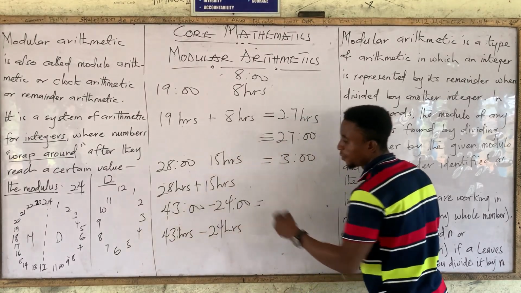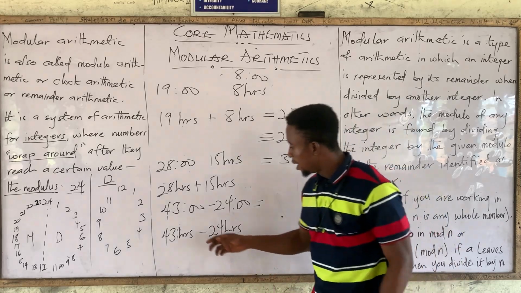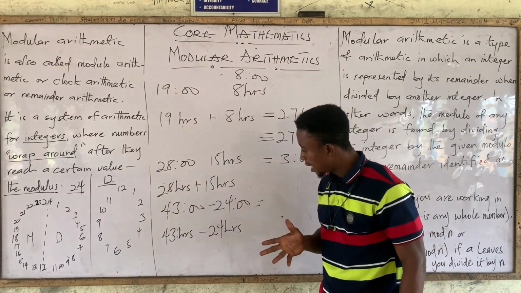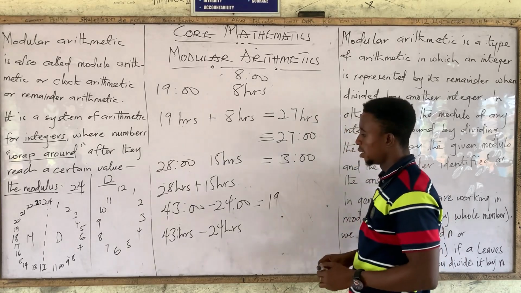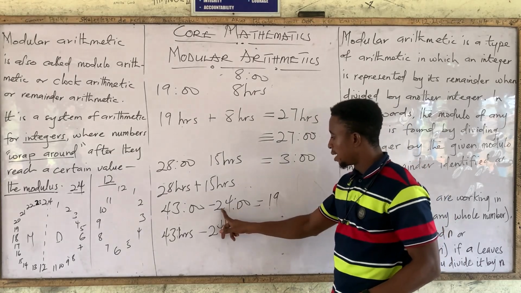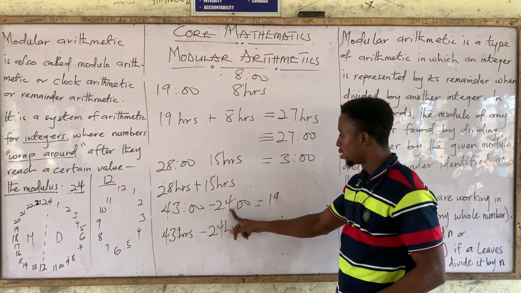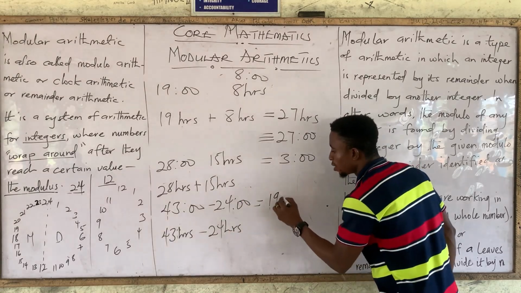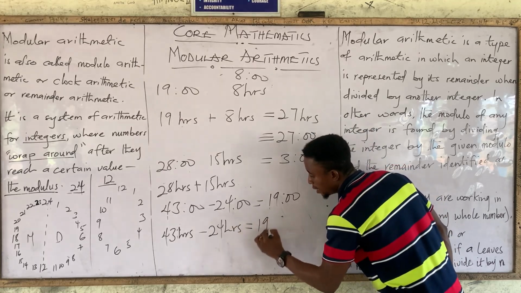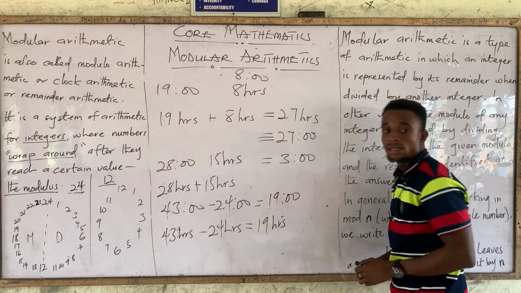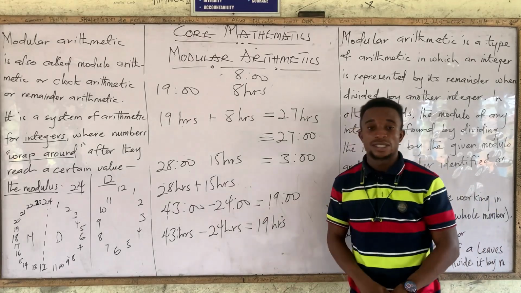If I take it away, what is left? Is it 19? 19. Because this plus this, 30, 43. That is that. So I'll have 19 o'clock. And this one is the same thing, 19 hours. 19 o'clock, 19 hours, they are the same thing.